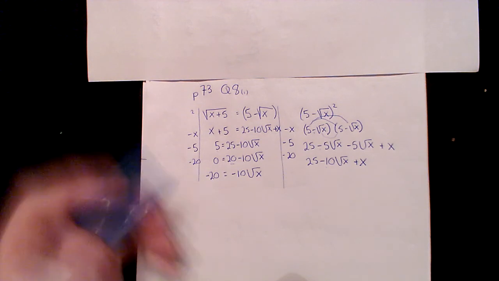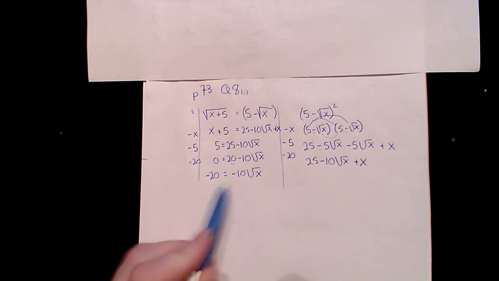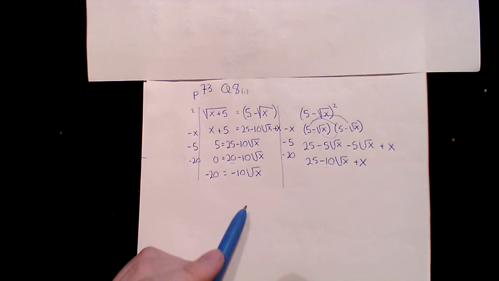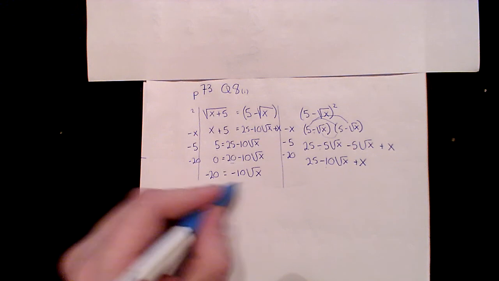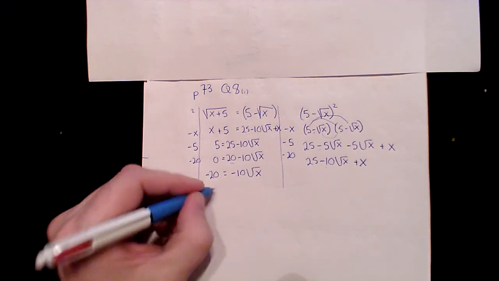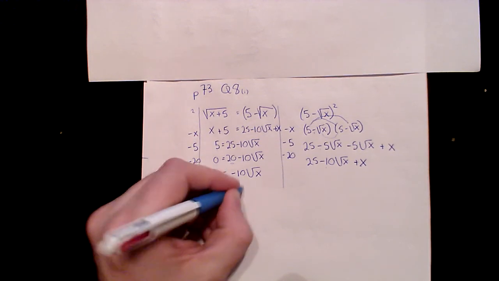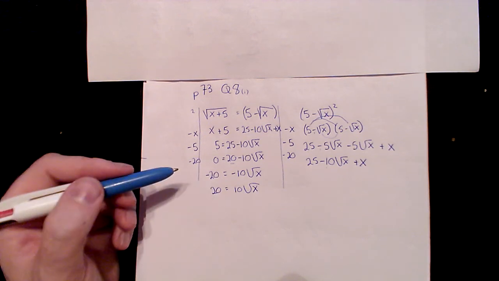And I think it was Laura O'Donnell said, well, if I divide minus 10 into minus 20, will it be a plus or a minus? Well, the answer is a plus, because like signs give plus in multiplication and divide. But me personally, I just like to change the signs the whole way across, so I'm dealing with pluses, which I can do. So 20 equals 10 root x. Same thing, but I just get rid of the minuses.